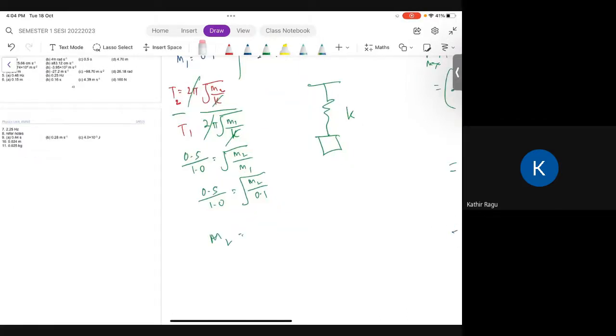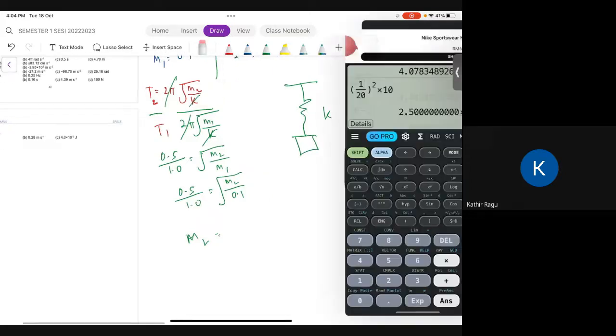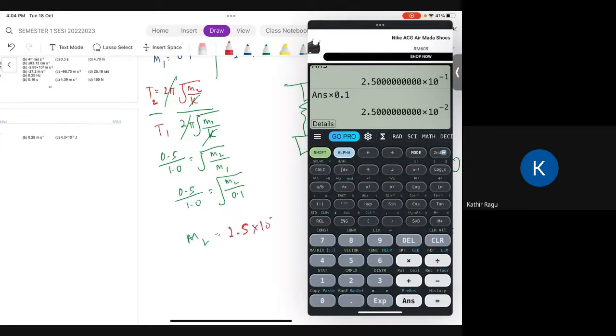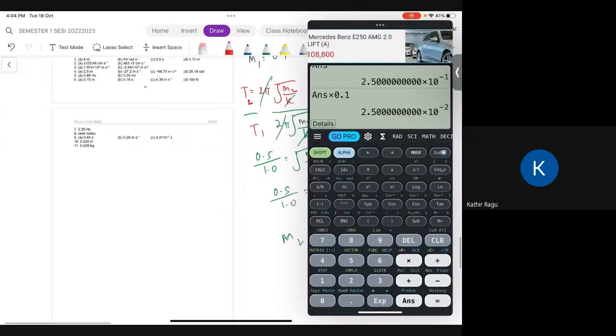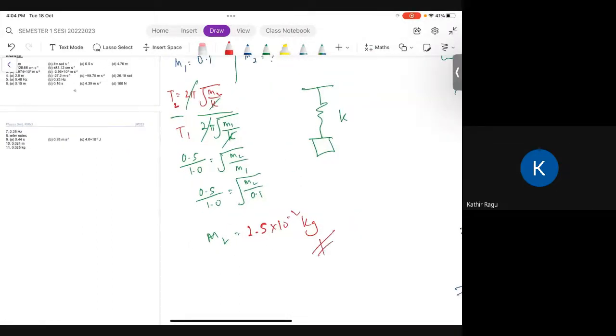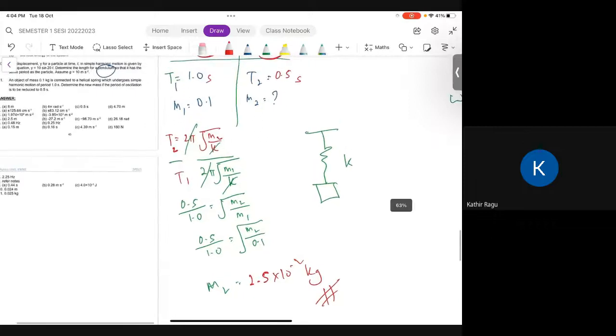So kalau ada perbandingan, dia suruh cari new ke apa, buat je bahagi, ratio. Okay, so 0.5 divided by 1 and then I square it. So darab 0.1. So the answer is 2.5 power of negative 2 kg. Ataupun dalam arti kata lain 0.025. Samalah. Kalau saya suka letak dalam bentuk power lah.